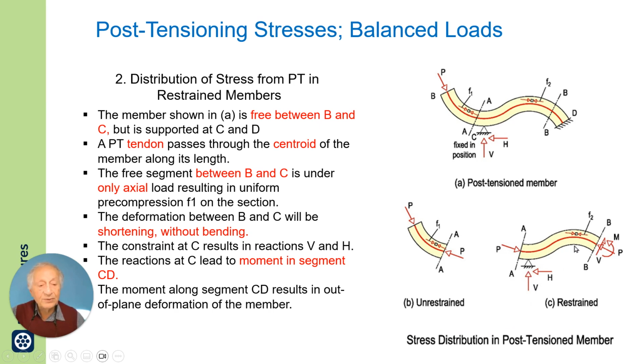So from here to here, you will have bending moment, and of course change in curvature. From here to here, you will have axial shortening. Obviously, the rotation at this point will have a body rotation here too.